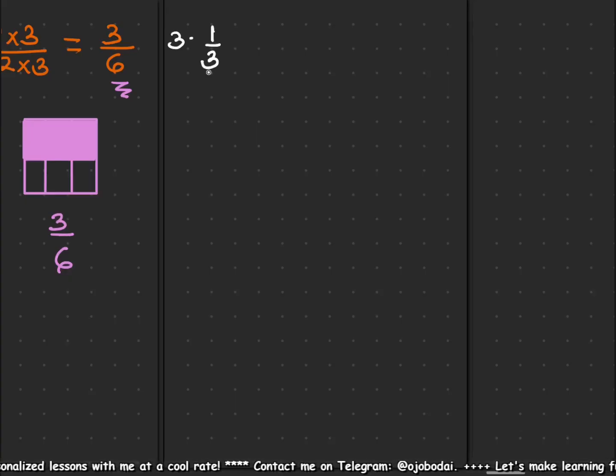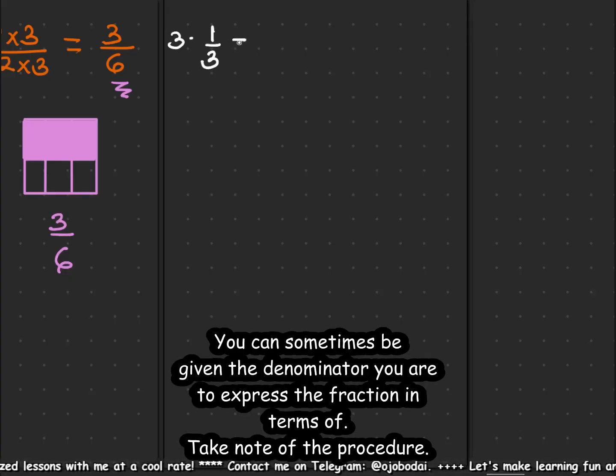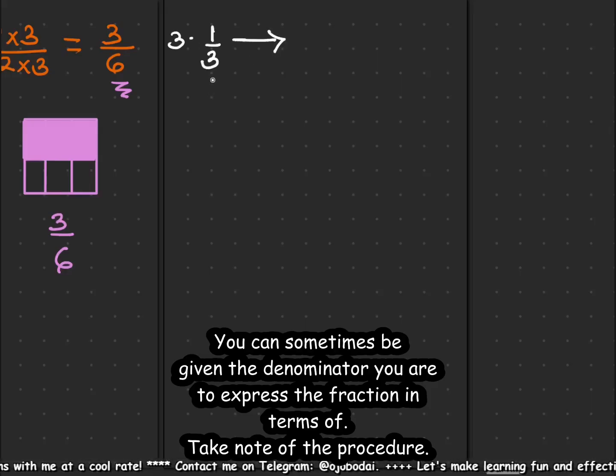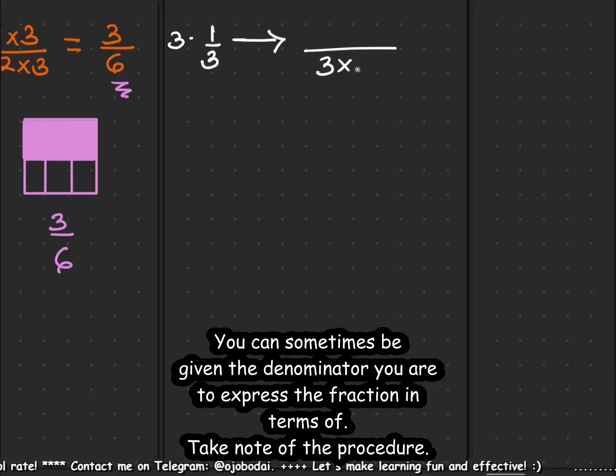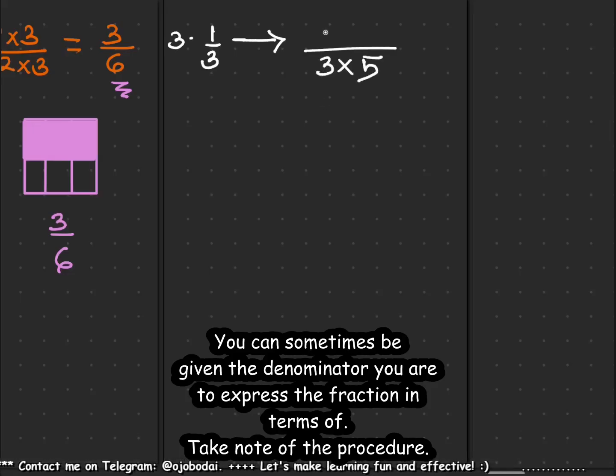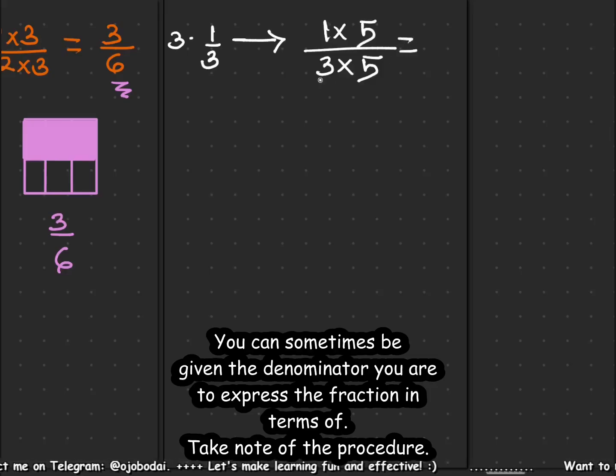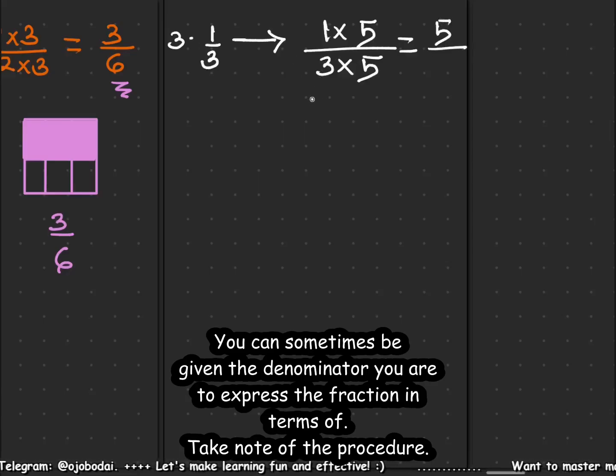So 3 times what gives us 15? We know 3 times 5 gives us 15. So if we are going to multiply the denominator by 5, then it simply means we should multiply the numerator also by what? 5. And as you can see, 1 times 5 gives us 5, whilst 3 times 5 gives us 15.